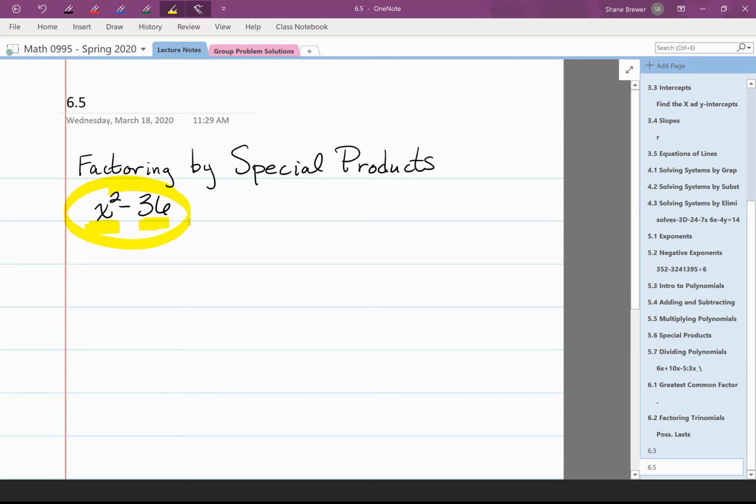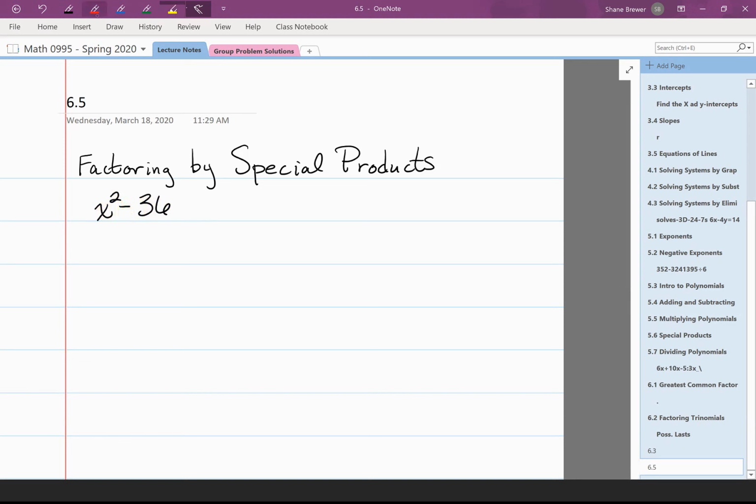When you're asked to factor something, you count the terms, and if there are 2 terms, you're going to consider these approaches. The other thing you're going to look at is, are the terms perfect squares, or perfect cubes? You can see here that x squared is a perfect square. 36 is a perfect square, it's 6 squared. So we have a perfect square minus another perfect square.